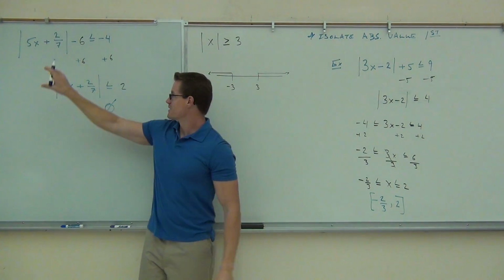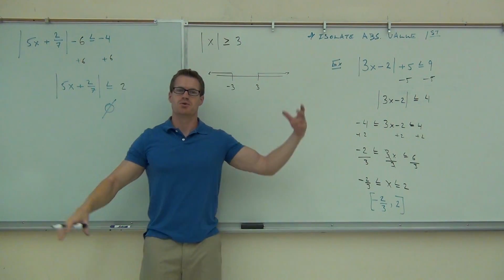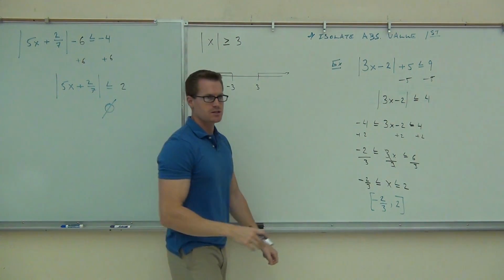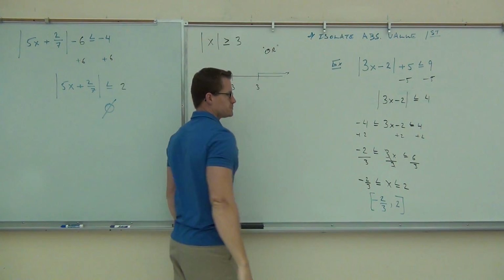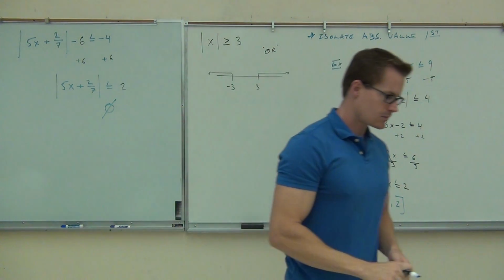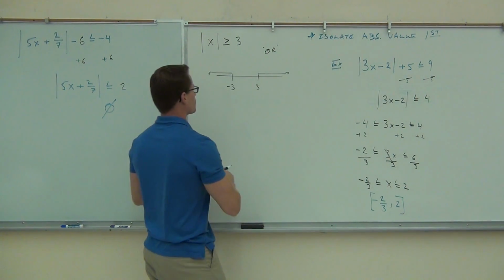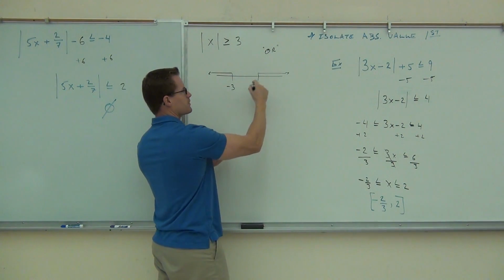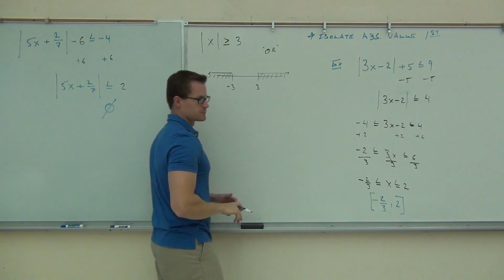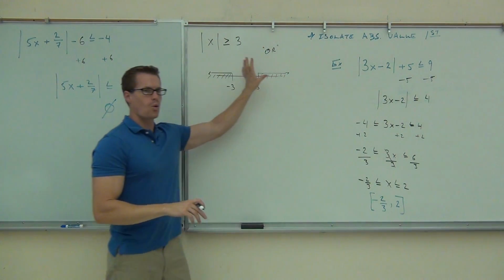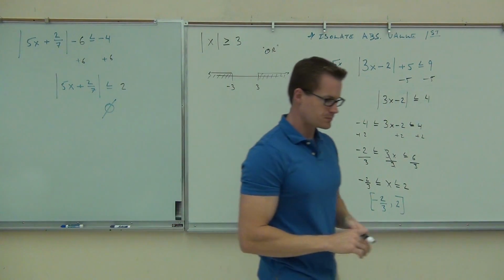The other one, this is and, for sure. This is your or. That's why we covered both those things. This is the part where we don't have anything in there. We have this. We have this. This set of numbers or this set of numbers will work.